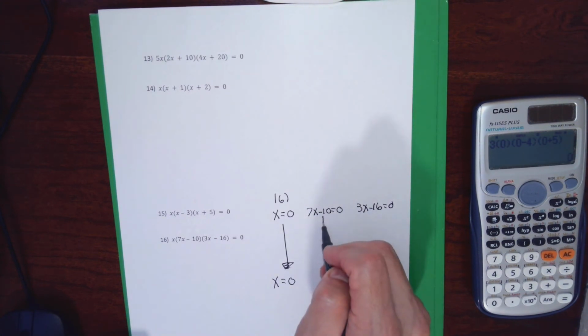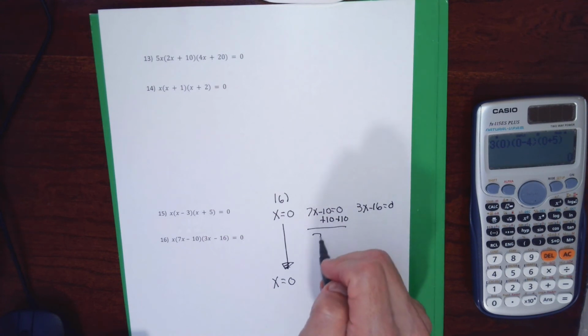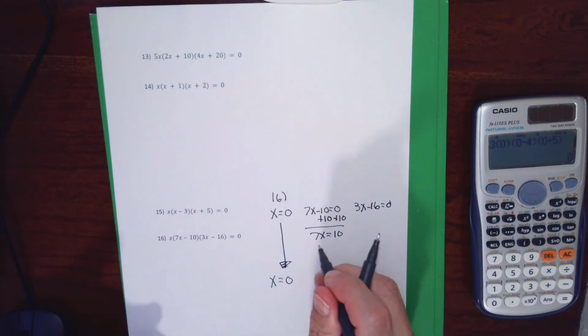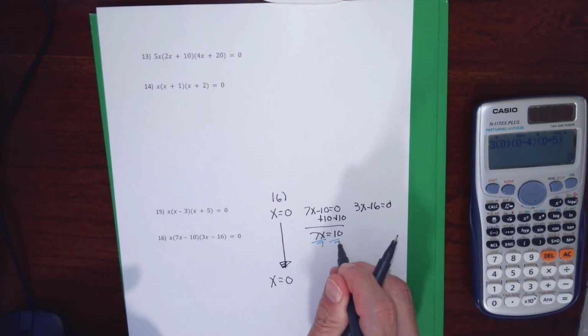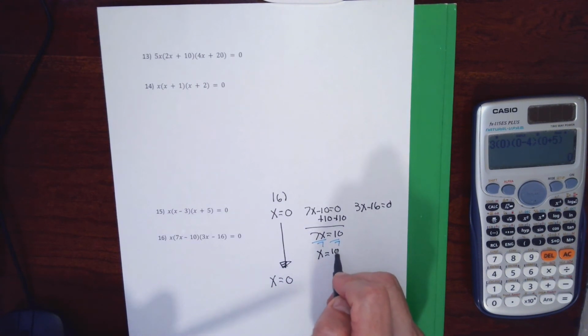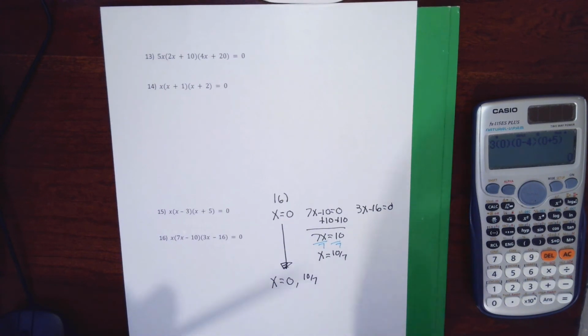The 7x minus 10, to get the solution from it, I'm going to add 10 to both sides and divide both sides by 7. That gives an answer of x equals 10 over 7. I'm going to put that in my answer next to the 0.